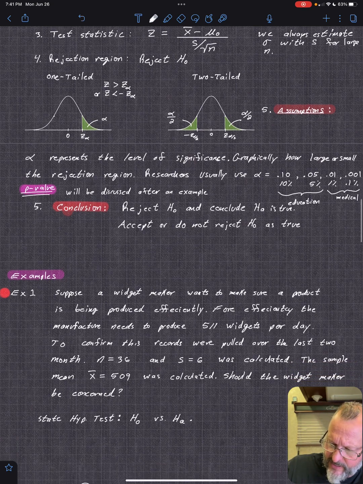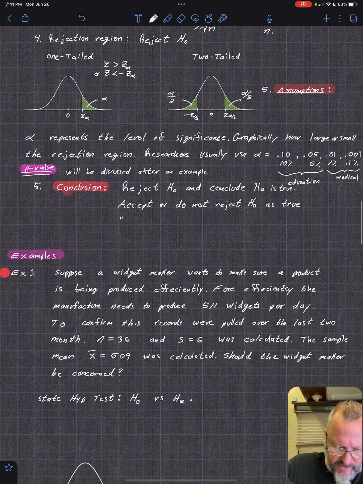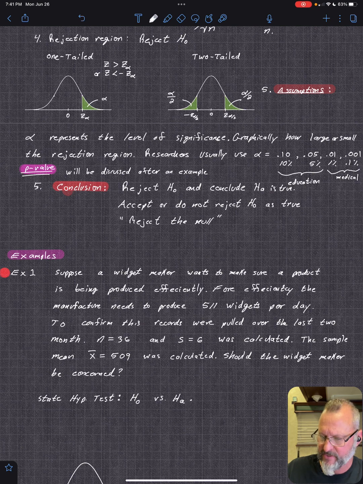So other types of wording you'll hear is you reject the null. Any stat person would know that. You know exactly what that means. You reject the null. It's that concept. Or you'll say, do not reject the null.